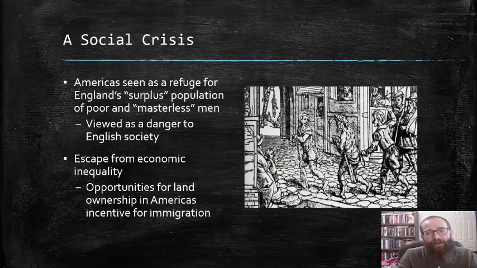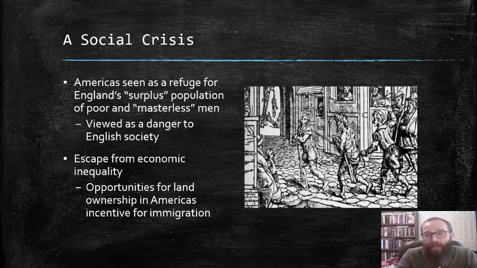So, in response to this rising class of urban poor, the Americas came to be seen as a refuge for England's surplus population of poor and what were called masterless men. And they were viewed very much as a danger to English society.